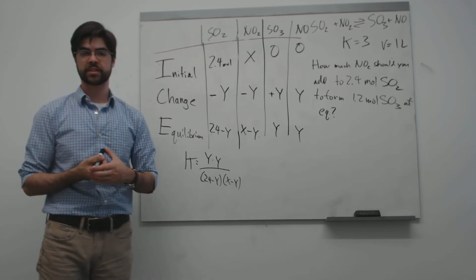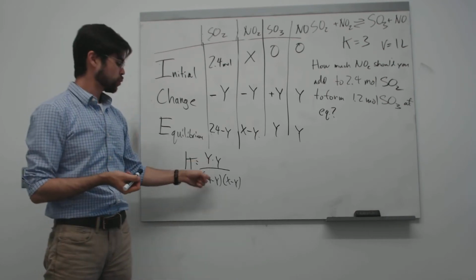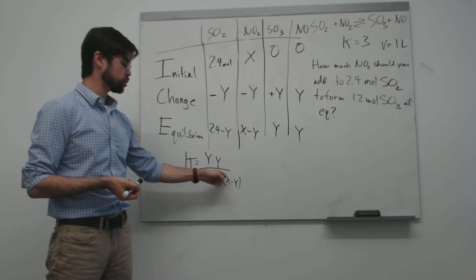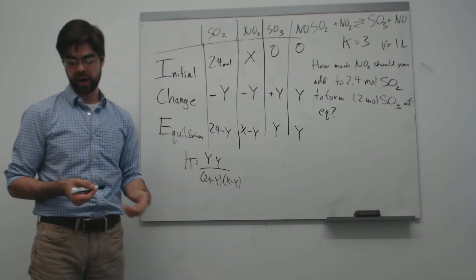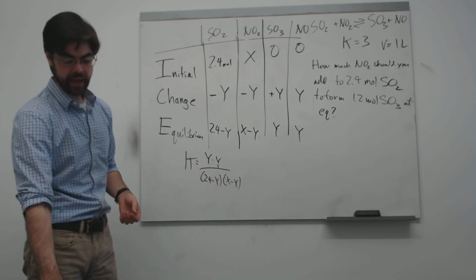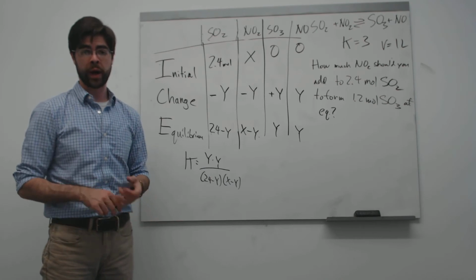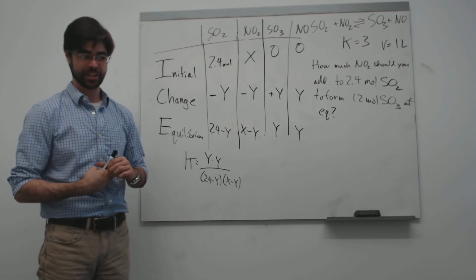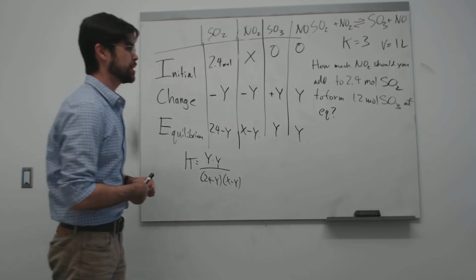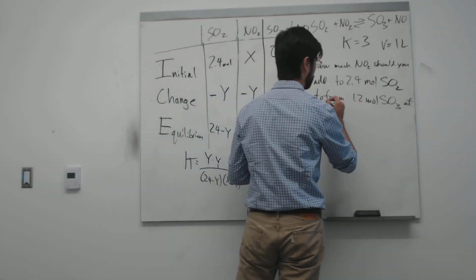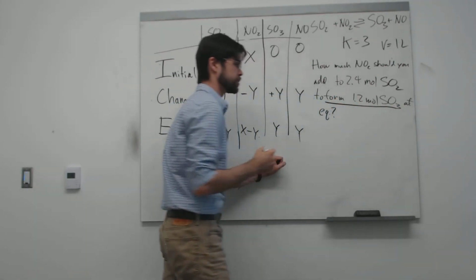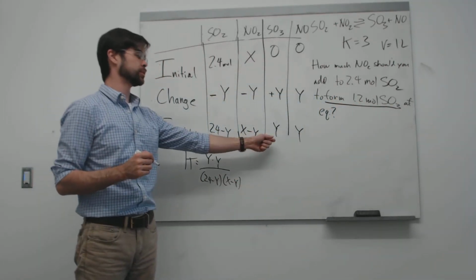But I can't solve this equation just yet because it's one equation and two unknowns, x and y. Except that we do know how much y is, because we want to form 1.2 moles of SO3 at equilibrium.